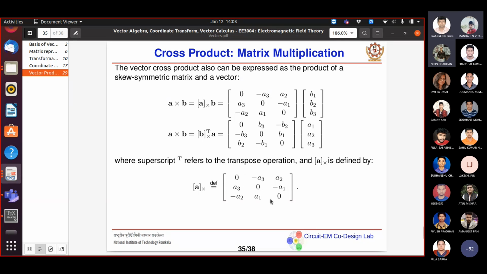In this way these three column vectors have been formed, and if you do this matrix multiplication, you can easily find the three components of this cross product.